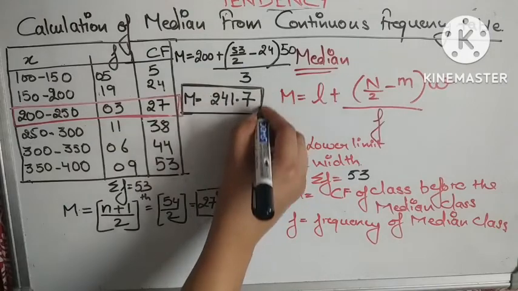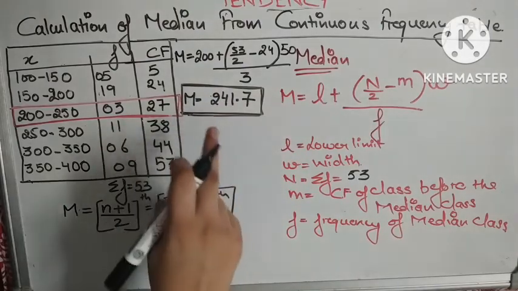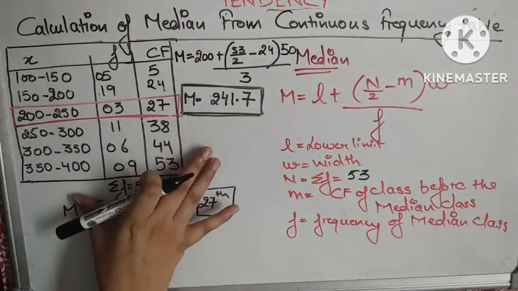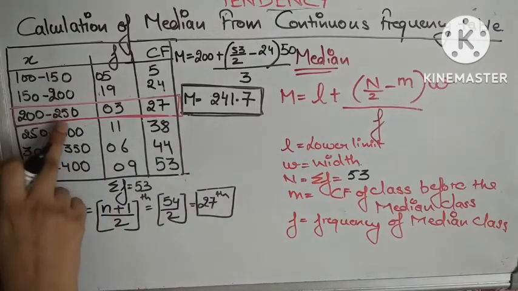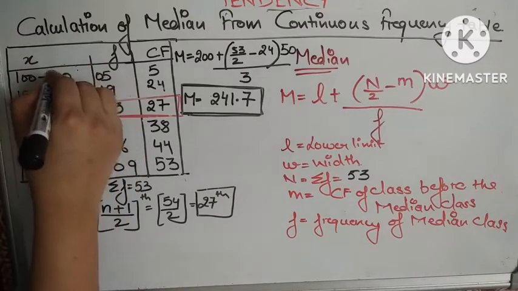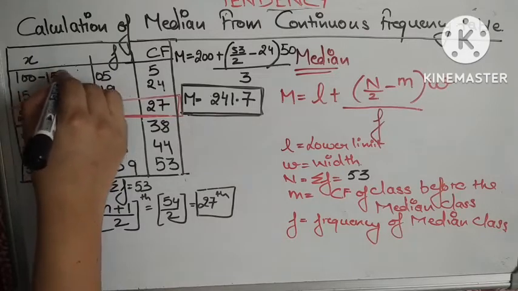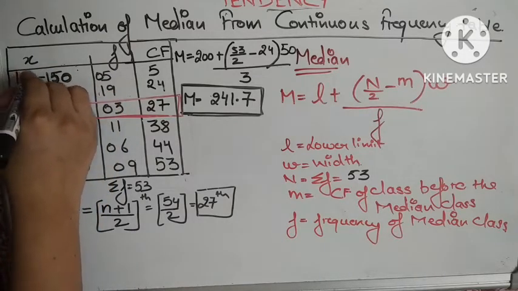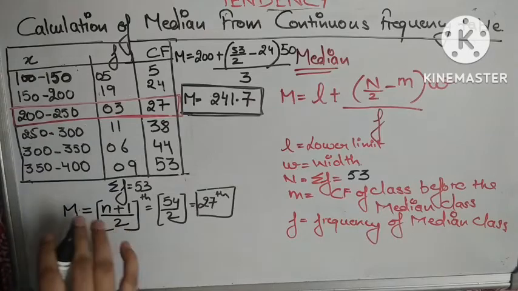This way you will calculate the median of a continuous frequency table, and here also just see whether your cumulative frequency, frequency or class intervals are arranged in ascending order or not. You can see it is arranged in ascending order, from the smallest to the highest.